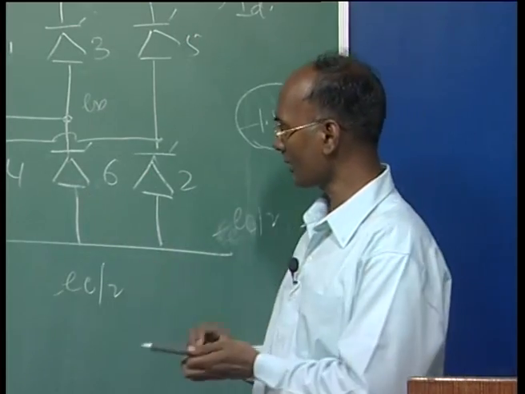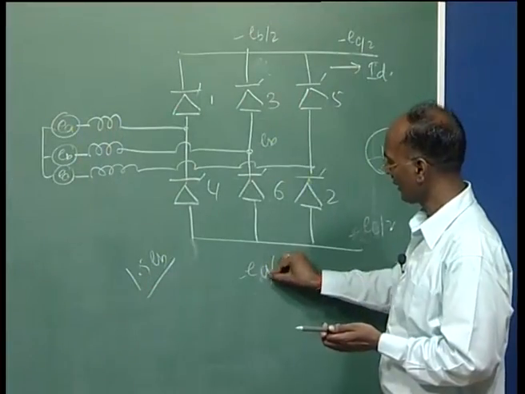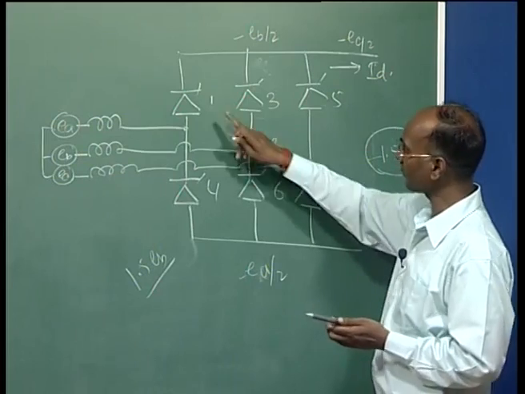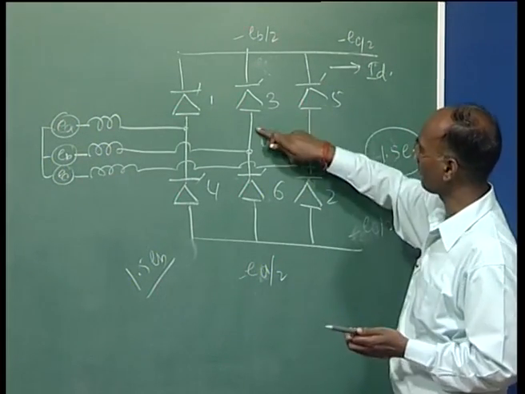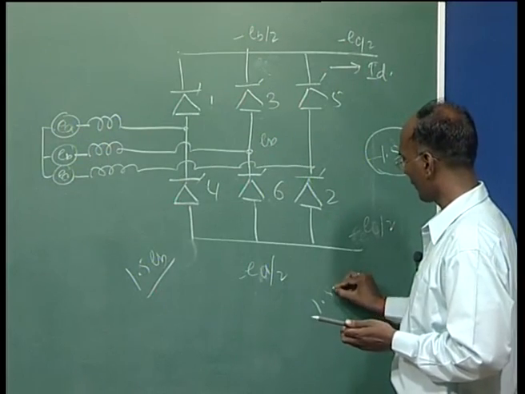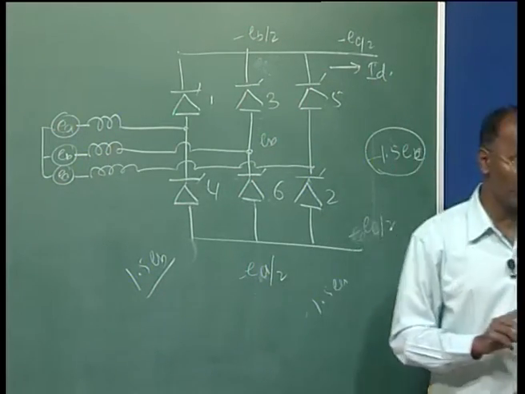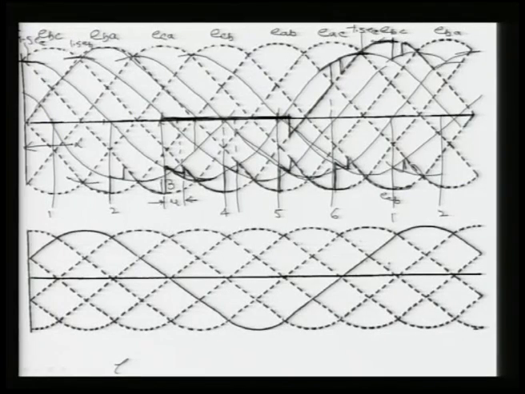So, the voltage here becomes E a, and before that 1 was conducting. So, it is again not minus, yeah, minus 1.5 E a will occur. So, where is this 1 point minus here? This will be basically minus 1.5 E a.